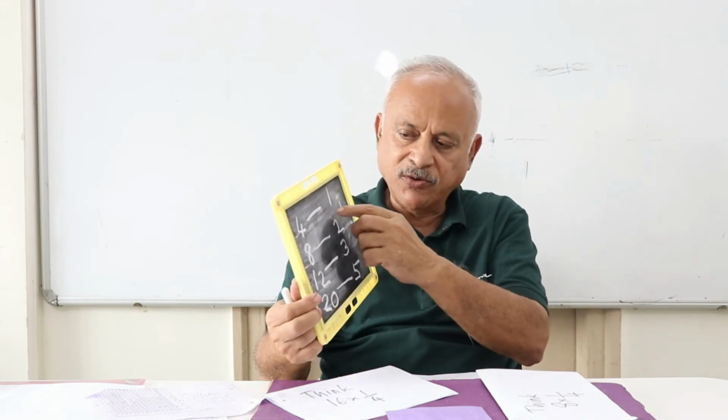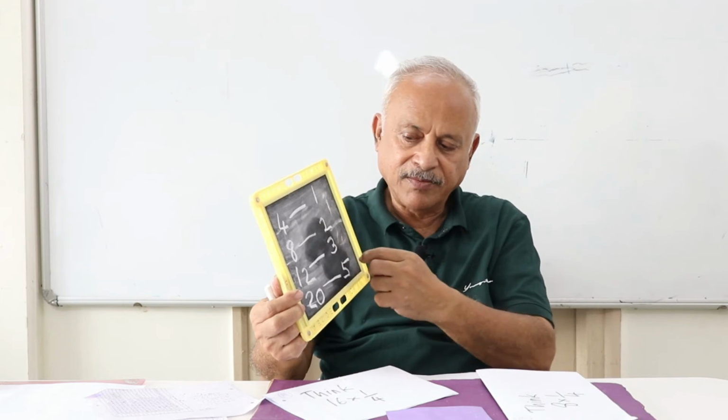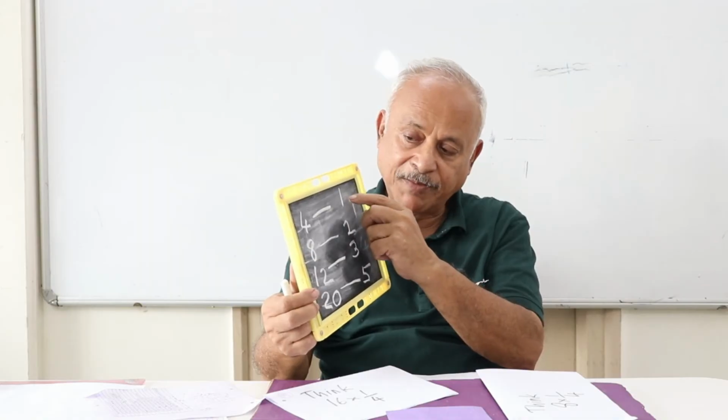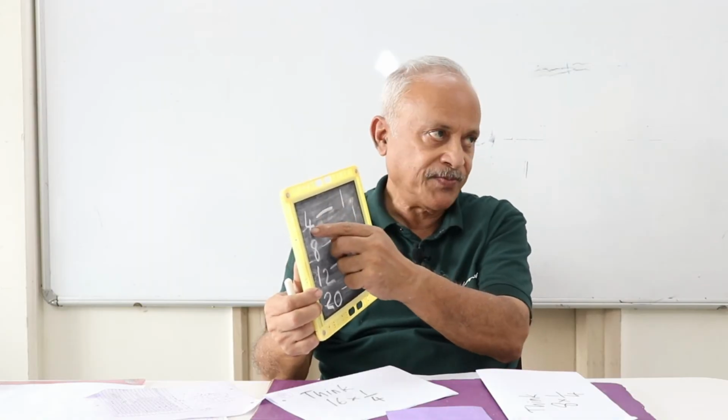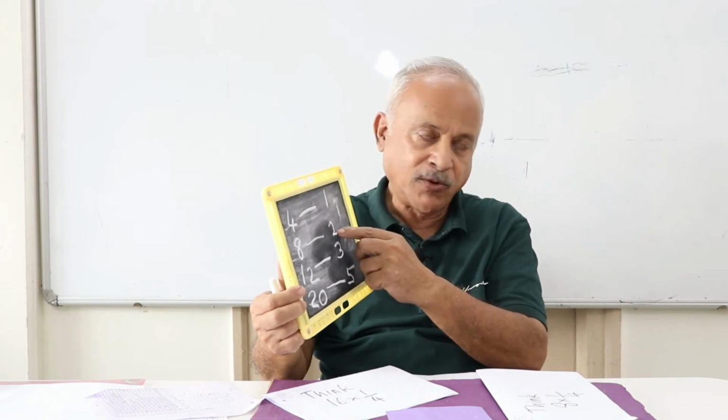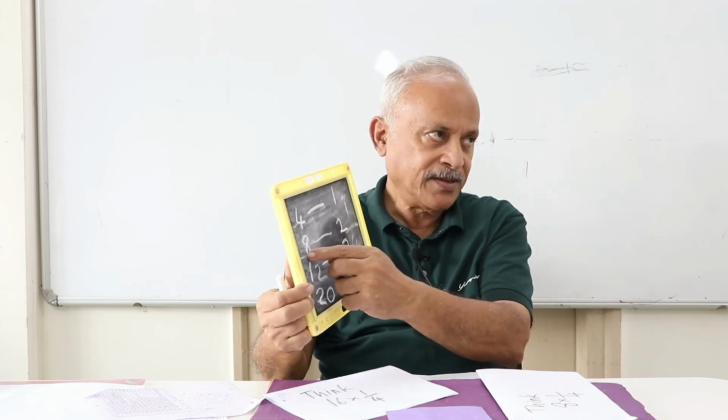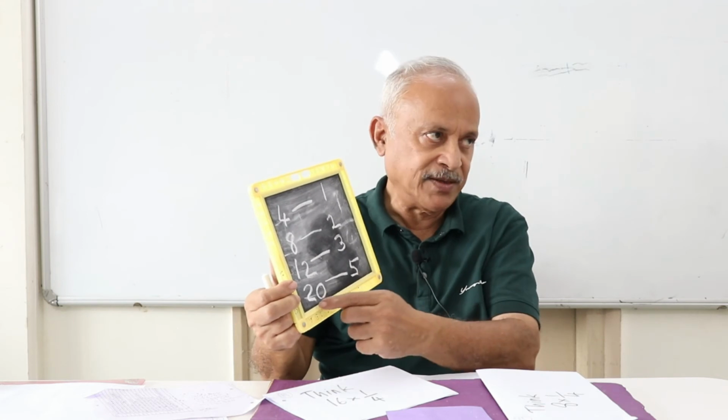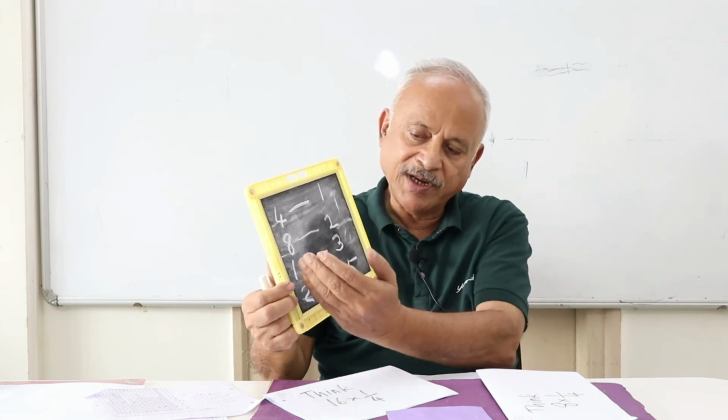So to go from here to here, what am I doing? If I multiply this by 4, I get this. I multiply this by 4, I get this. So to go from here to here, I multiply.